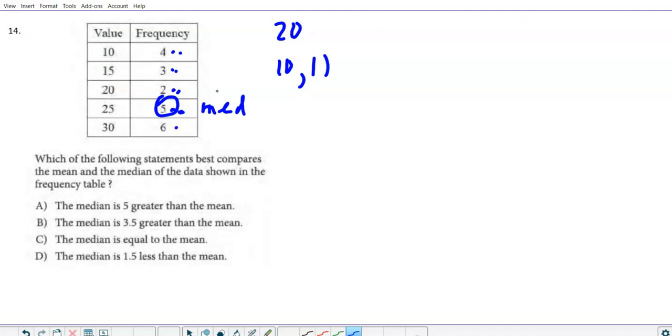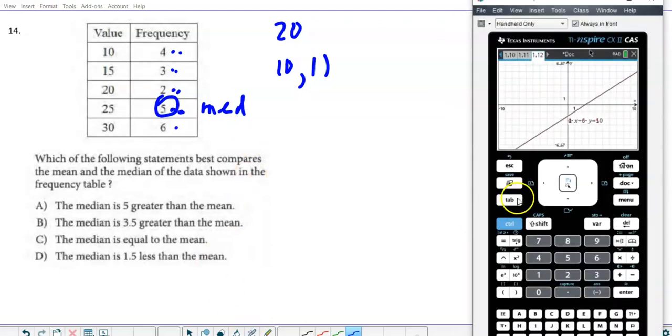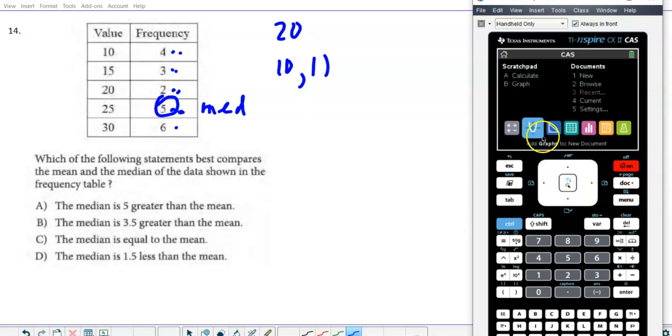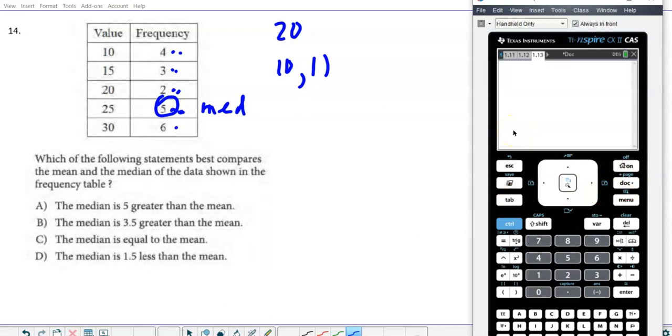The mean, how would you find the mean? So the fast way, if you don't want to use the calculator, remember we showed you how to use it, call it X bar, using menu 611. I'm just going to do it this way. So 10 times there are 4 of those 10s, plus 15, there are 3 of those, so times 3.